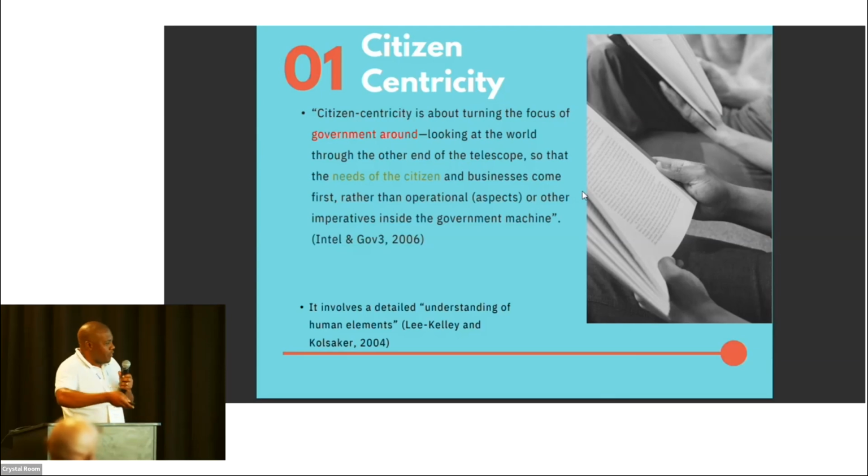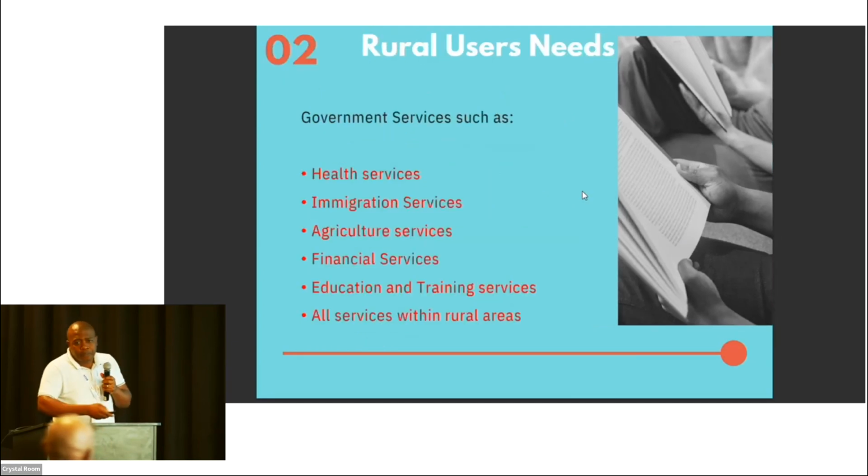What do you do? This is purely a study based on engagements with the communities. When you go there, you ask them, what government service do you want? They talk of health services.